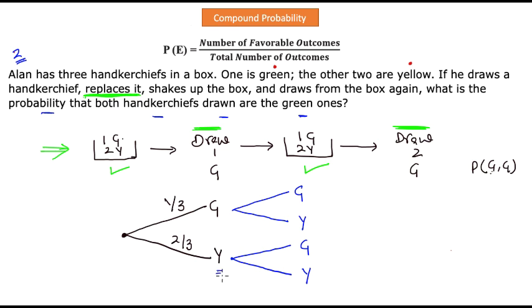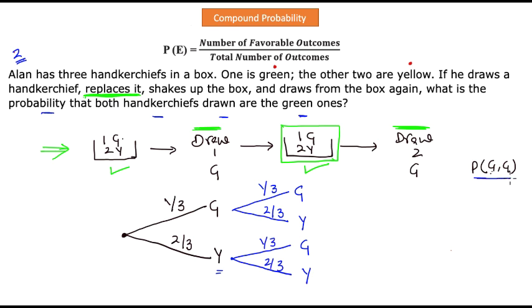So these are all the possible outcomes in the first and second draws, right? The probability of having a green in the second draw is still the same as the first draw because you have a box that is back in its original condition. So these are my probabilities and I will put them here as well.